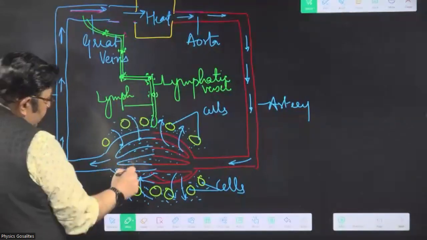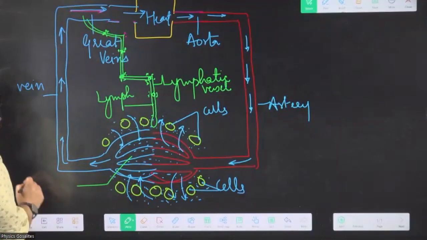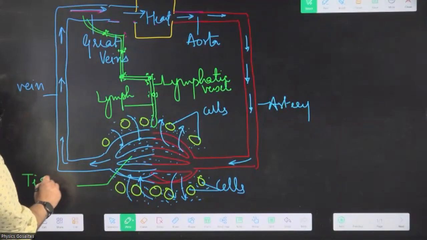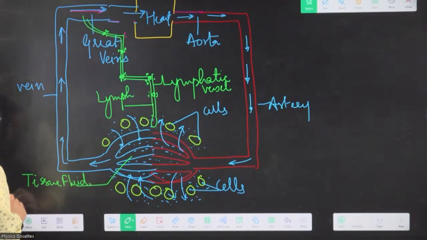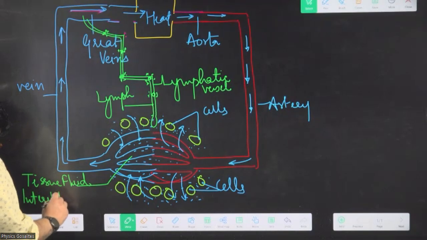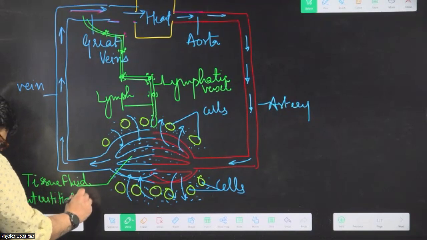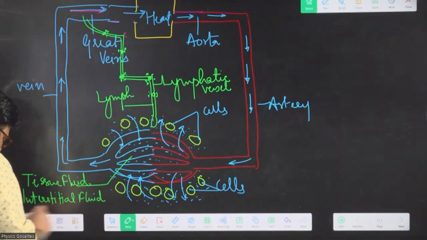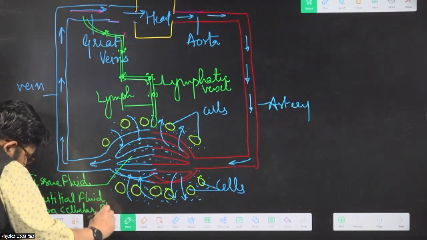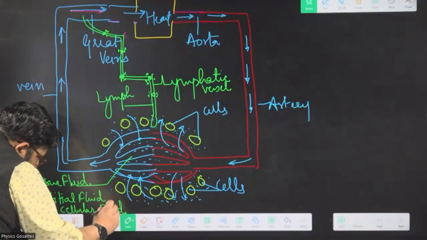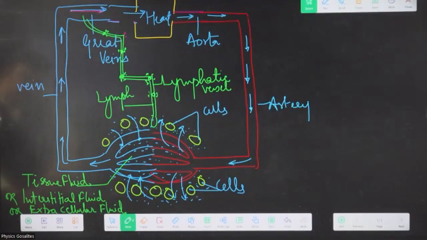When it was in the tissues, I used to call it tissue fluid, or another name, interstitial fluid, or I could call it extracellular fluid.